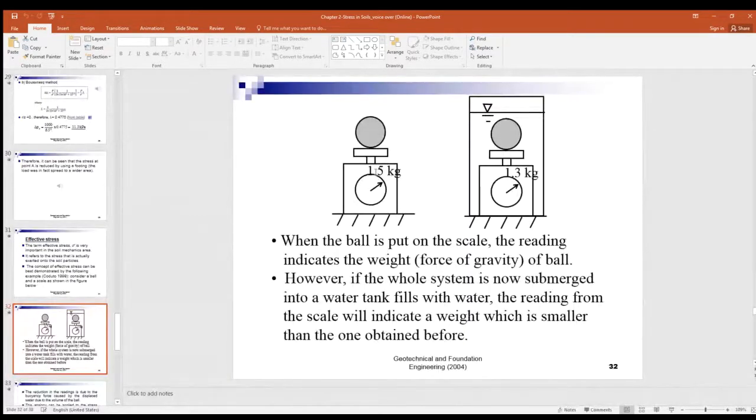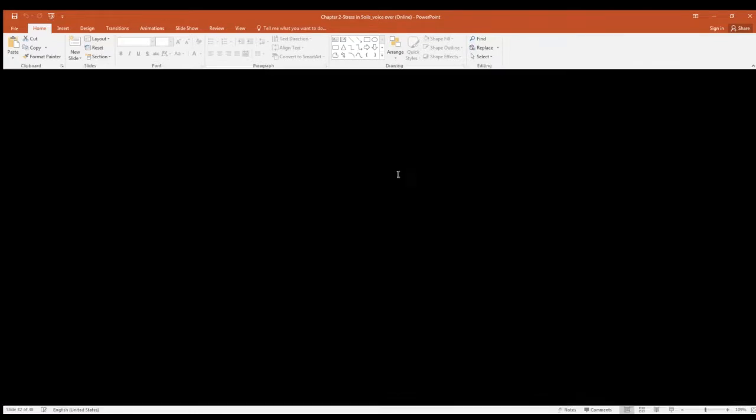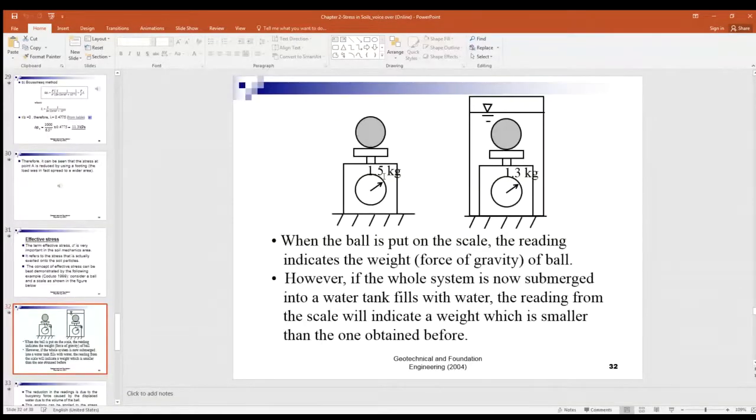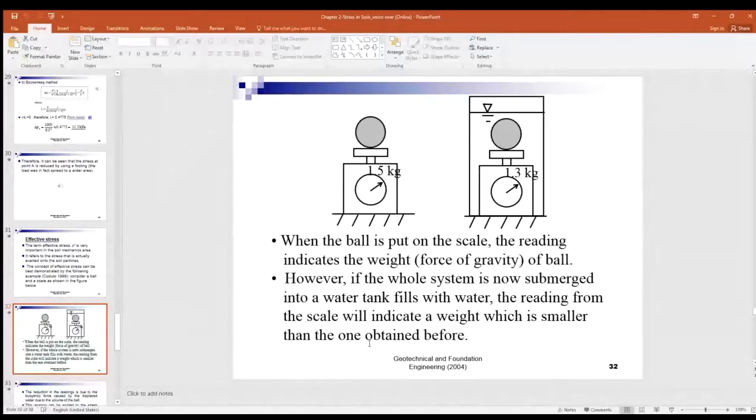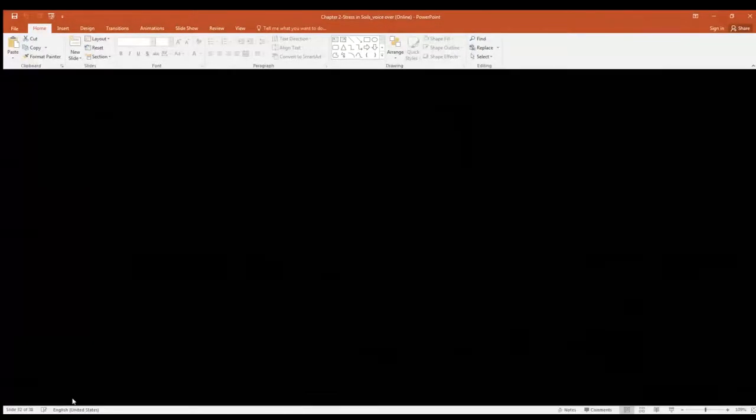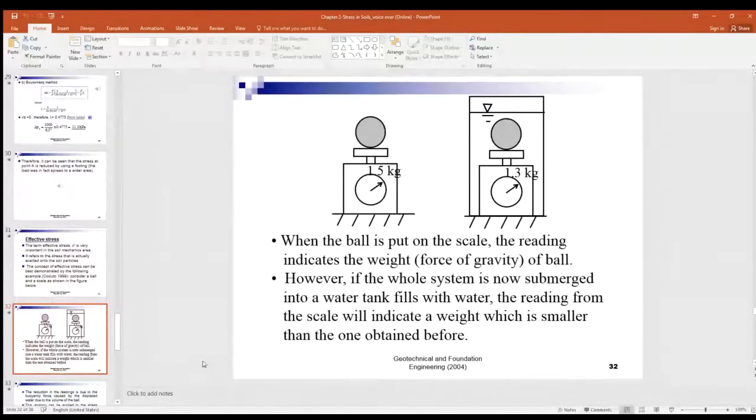So if its weight in air is 1.5 kilograms, then in water it weighs less. That is the very basic understanding of science, right? Because of the flotation, because water is there, it weighs less in water.